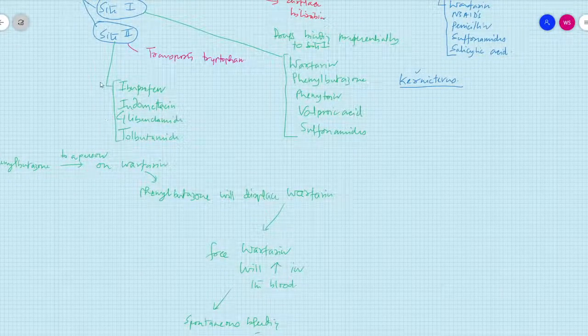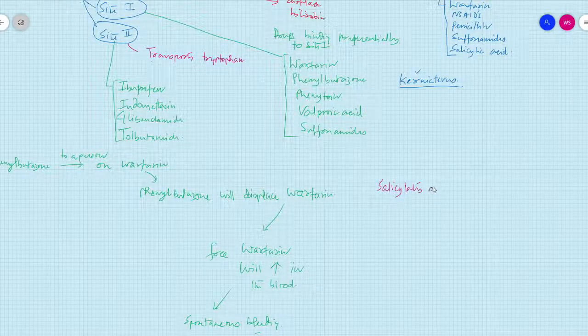Phenylbutazone displacing warfarin was one of the examples. There can be other examples which are clinically significant. Salicylates can also displace warfarin.